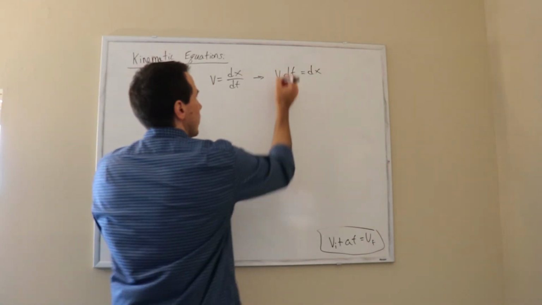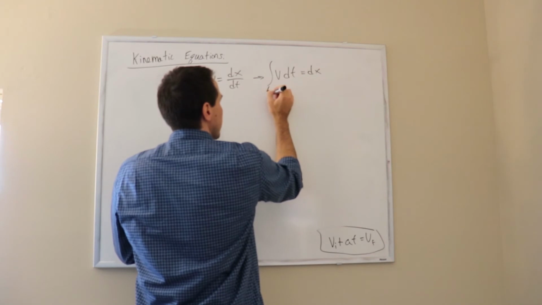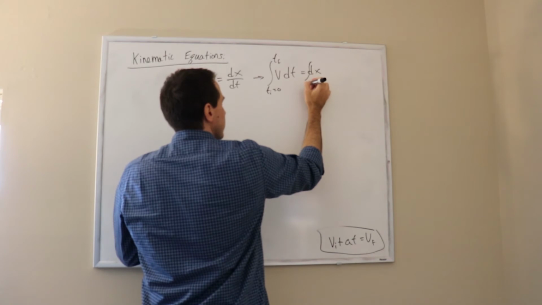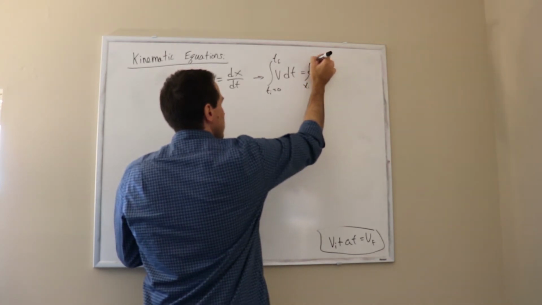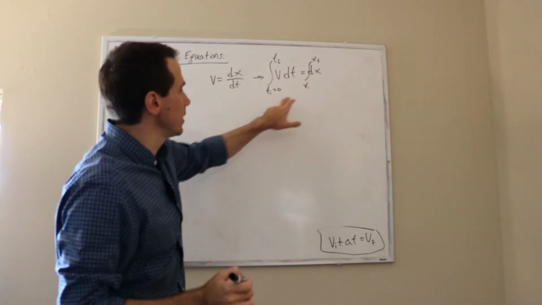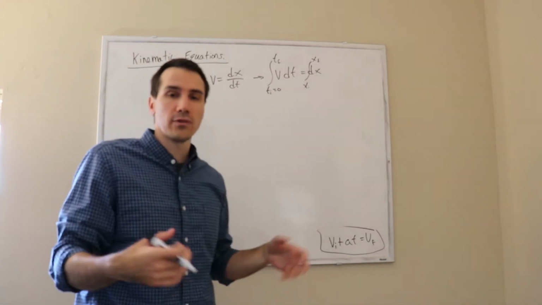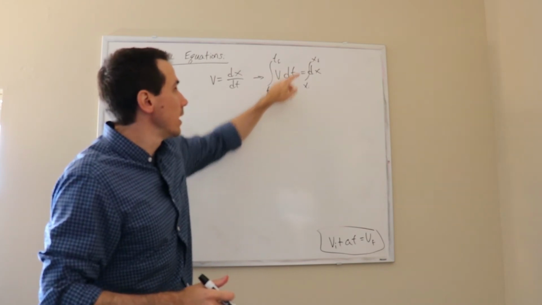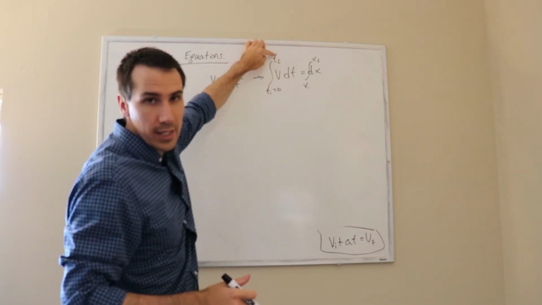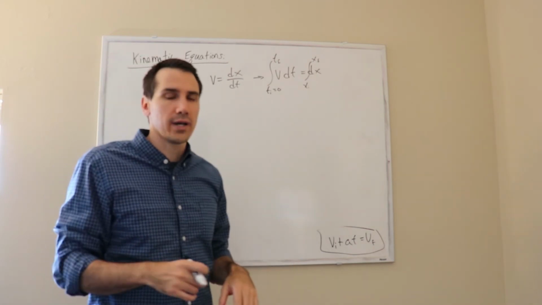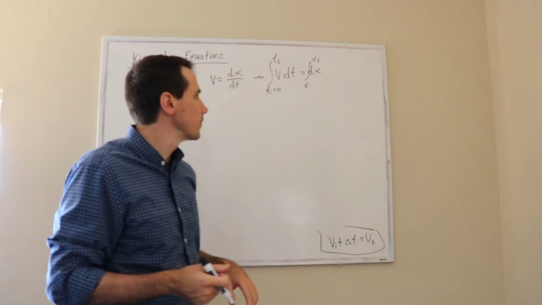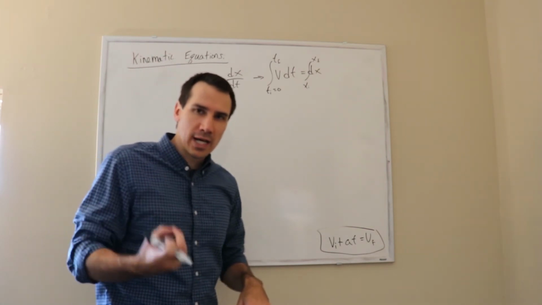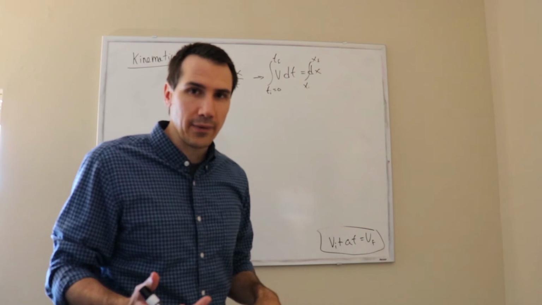And now I'm going to use the same trick again to say that v dt equals dx. And I can integrate both sides. I will integrate this from, again, t initial equals 0 to some t final. And I'll integrate this from some x initial to some x final, where x initial lines up with the location of whatever object we're keeping track of at t equals 0, and x final lines up with the location of whatever object we're keeping track of at time t final. Okay. Now, our velocity, we are allowing to change.